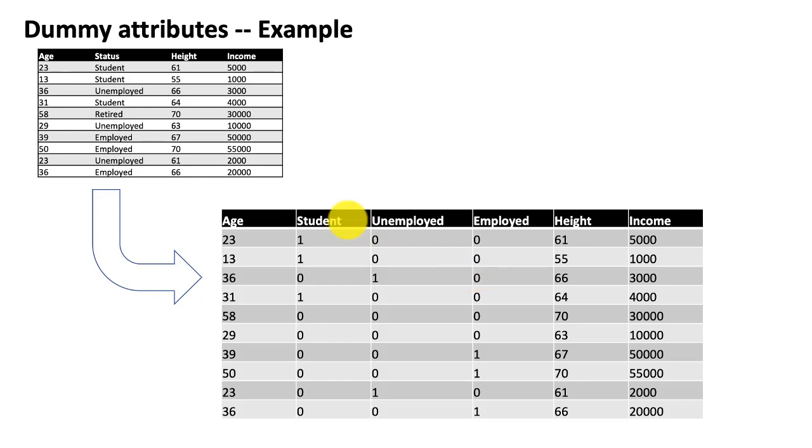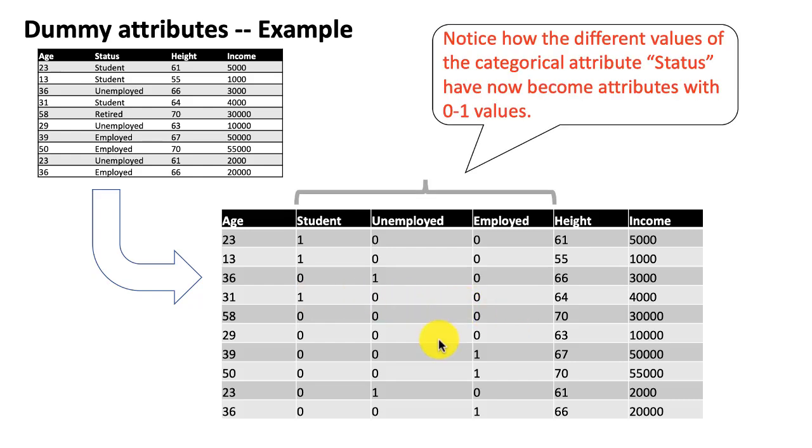So this is what you do, right? For a particular row, the level of the attribute will determine which attribute becomes 1, all others will be 0. So the different values of the categorical attribute status have now become columns or attributes with 0 or 1 as the value.